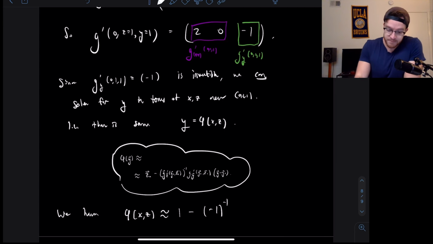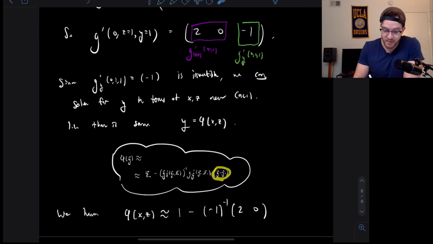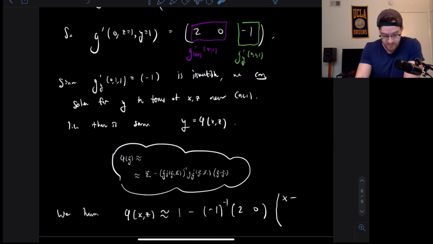Times this matrix, which is this guy, times this vector, which is going to be, in our case, x minus the x value, z minus the z value, which is 1.